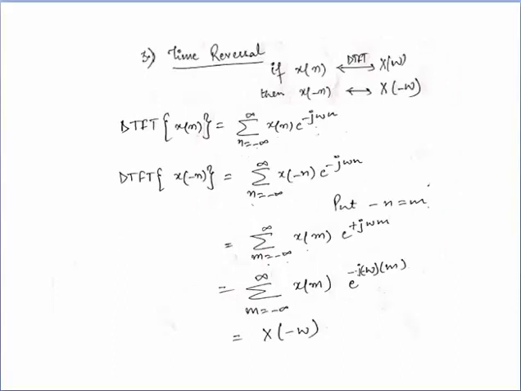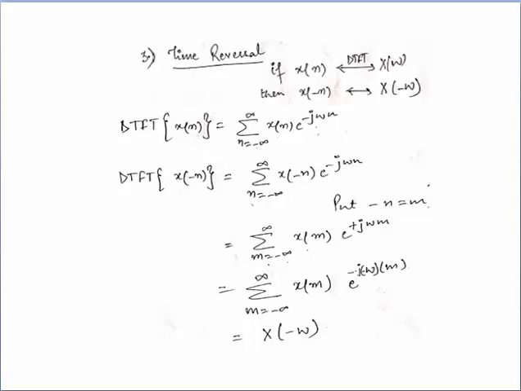Next property of DTFT is time reversal property, also called time folding. In this, if x(n) DTFT is X(ω), then x(minus n) DTFT is X(minus ω). Again, first write down the formula of DTFT, that is DTFT of x(n) is equal to summation n tends to minus infinity to infinity x(n) e raised to power minus jωn.